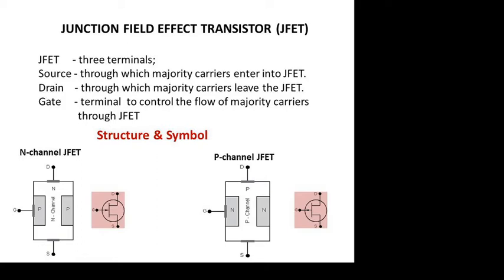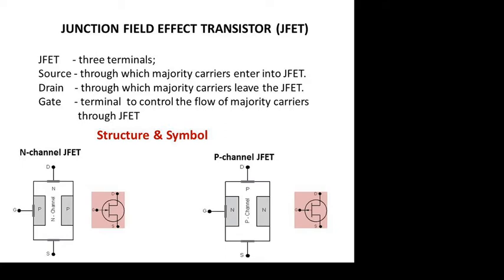Coming to the N-channel JFET, it is an N-type semiconductor device. It consists of an N-type semiconductor bar, and the source is made at the bottom, and the drain at the top. Ohmic contacts are made for it, and the gate is formed by a P-type semiconductor.